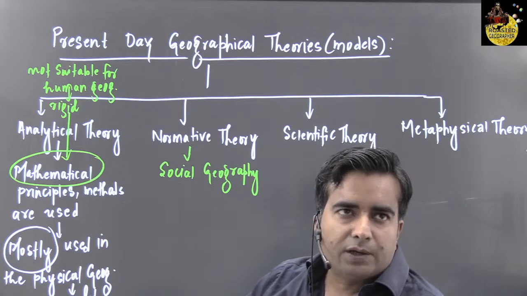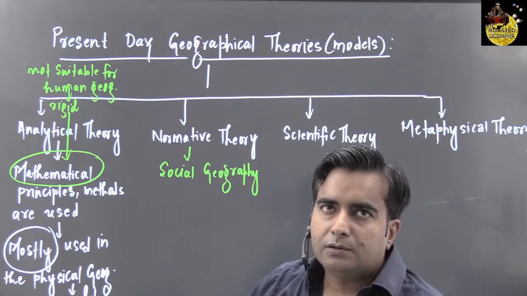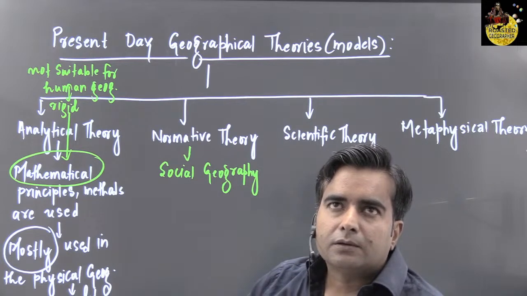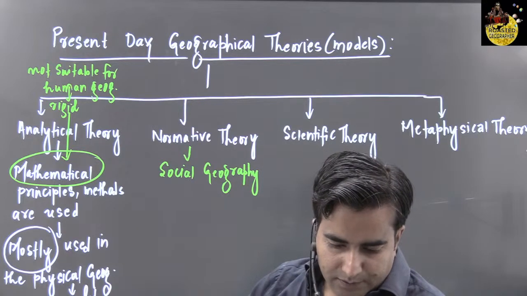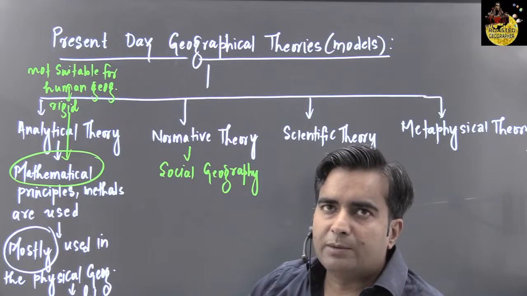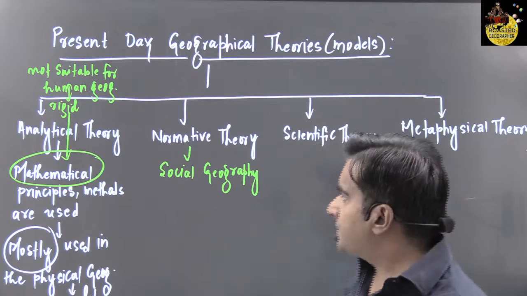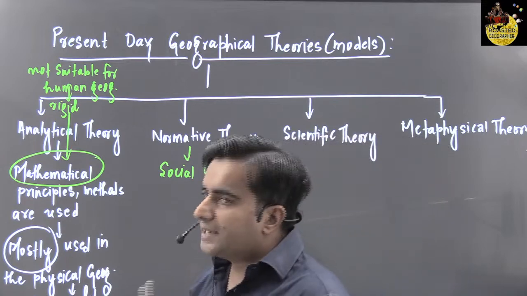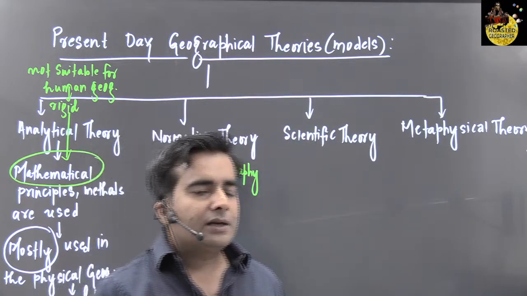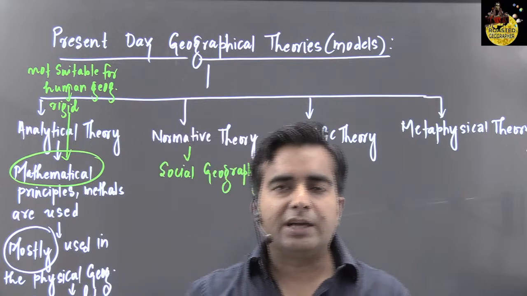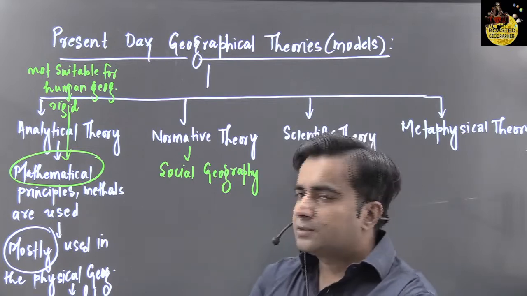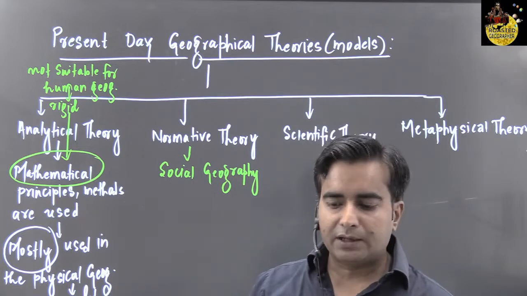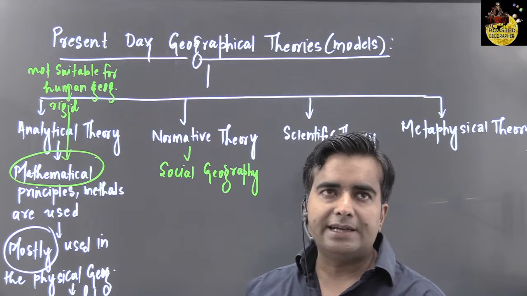The normative theory includes human behavior, and recognizes that in human geography there cannot be any static theory.